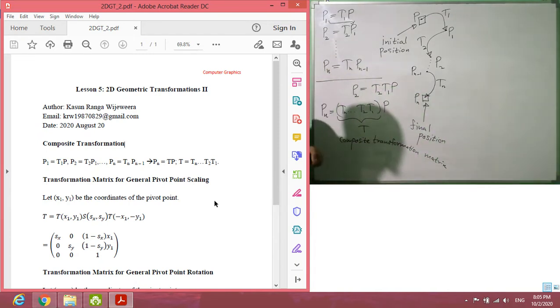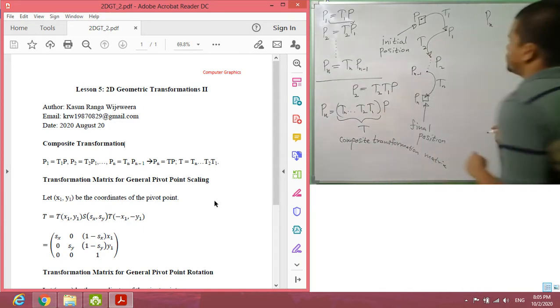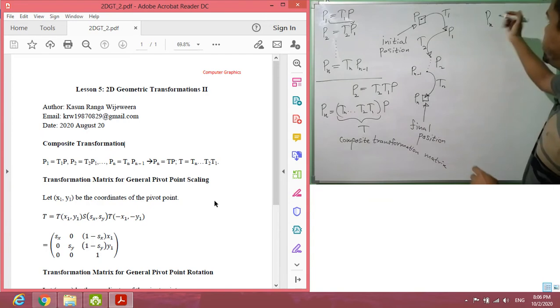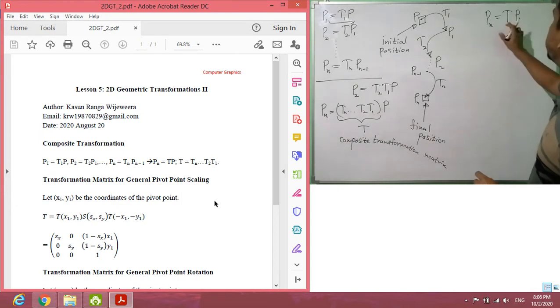In other words, we can get the coordinates of Pn simply by multiplying T and P.